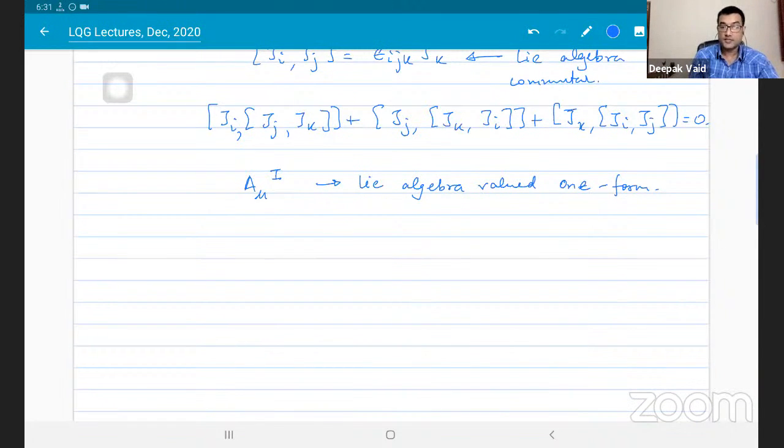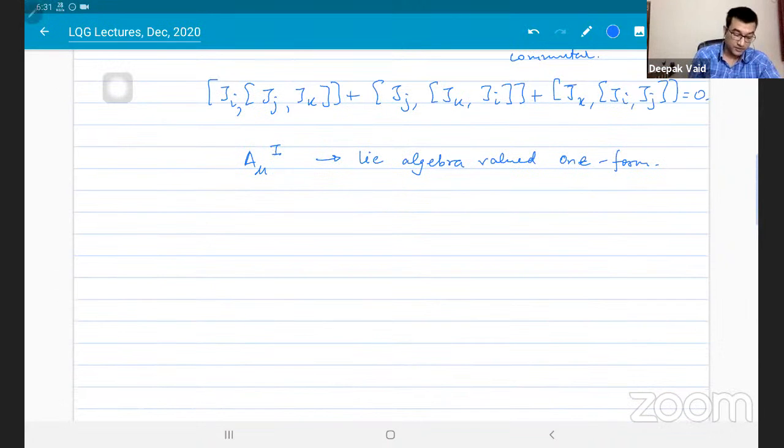So rather than writing it like this, I should write it like this. This is your non-abelian gauge connection. What this tau i are, these are the generators of your Lie algebra.